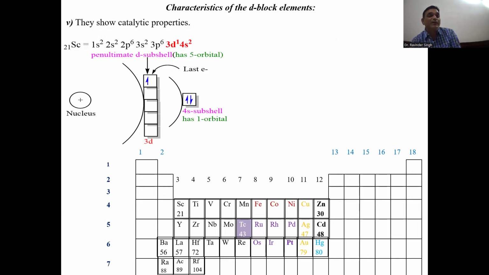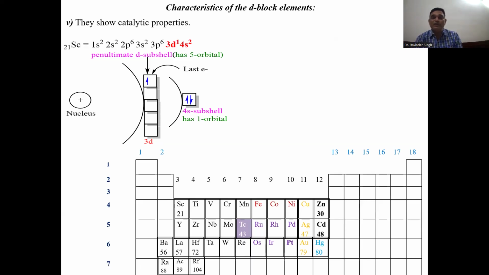The next property is the catalytic property. All the d block elements have a large surface area. All the d block elements have unpaired electrons in their d subshell; we can see in scandium there is d1, d2, and so on.